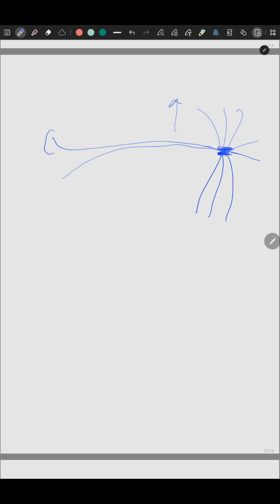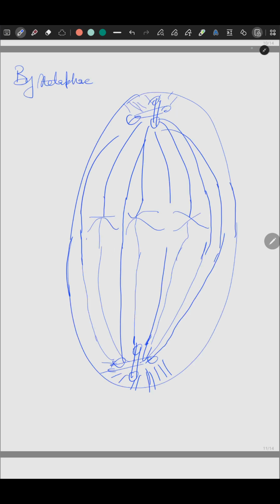This chromatid is pulled toward this way, and this chromatid is pulled toward that way. A tug of war is happening, and it will break apart. But in metaphase, all chromosomes are lined up here. We can say an imaginary line, which we call the metaphase plate. Now we can see the spindle is completely formed.